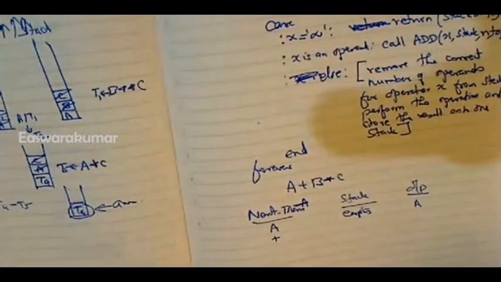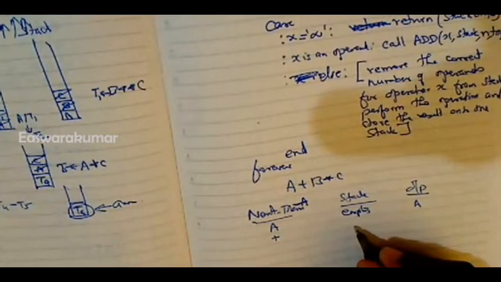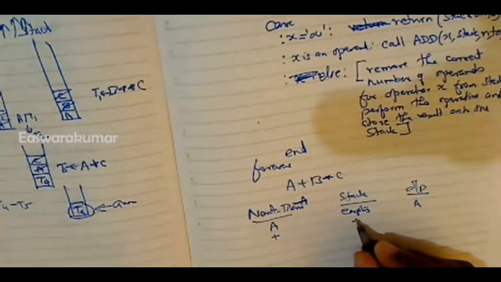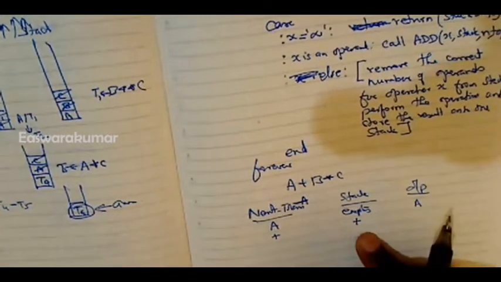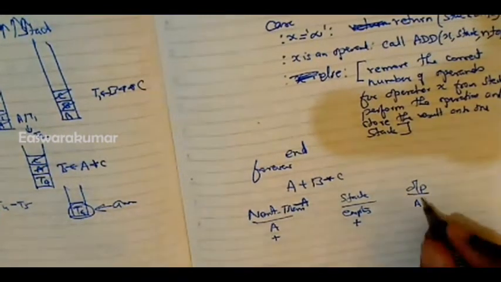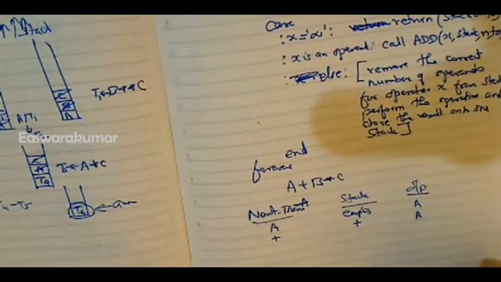Plus is an operator, so whenever an operator comes, we insert it inside the stack. So plus goes inside the stack. The output already has A, the same output with no change.